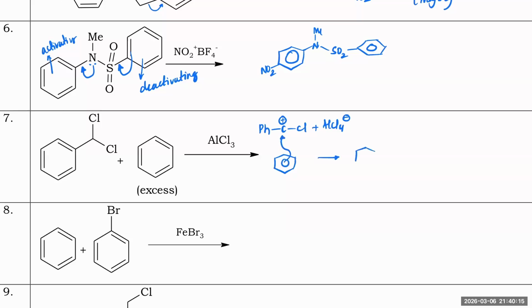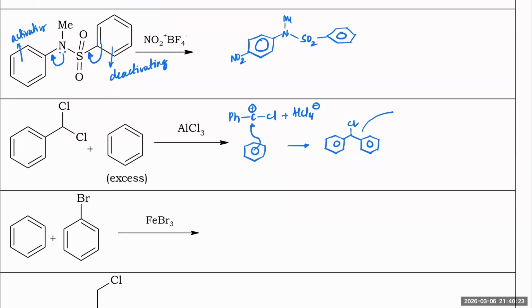So you will get benzene with two phenyl groups here, now with chlorine. Okay. Again, this will react with AlCl3 and generate one more carbocation here like this. And when this carbocation reacts with one more benzene, it will attach on that carbon. So we will get this as CH with two phenyl rings on it.